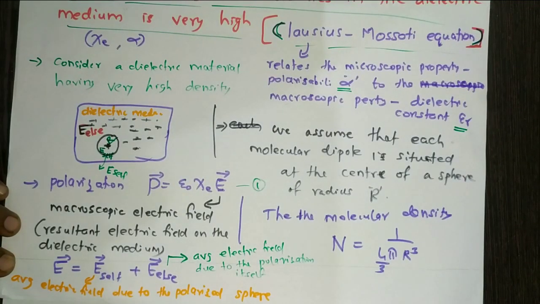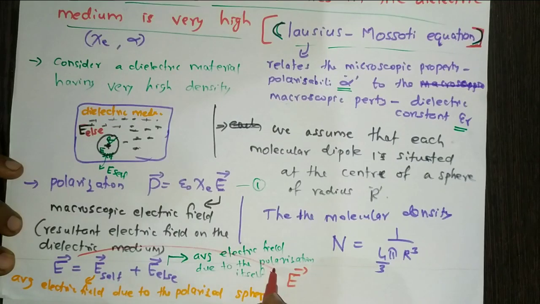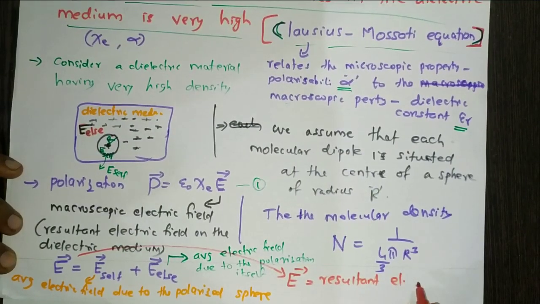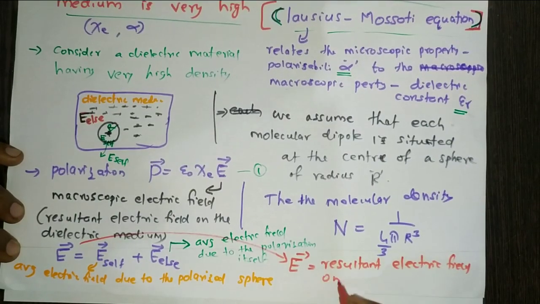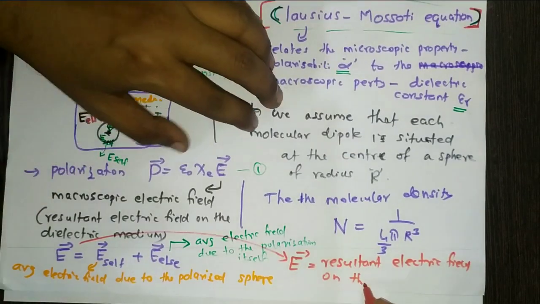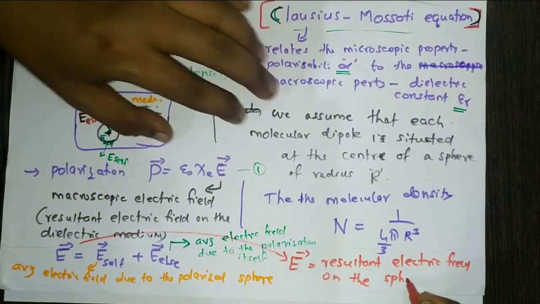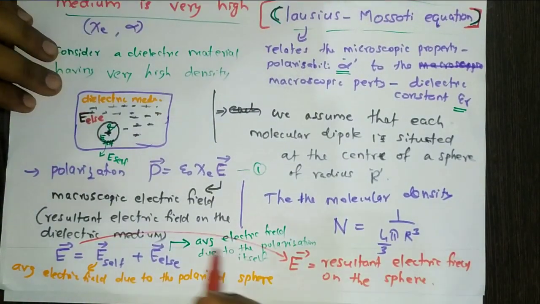Here we can note that this E is the resultant electric field on the sphere.